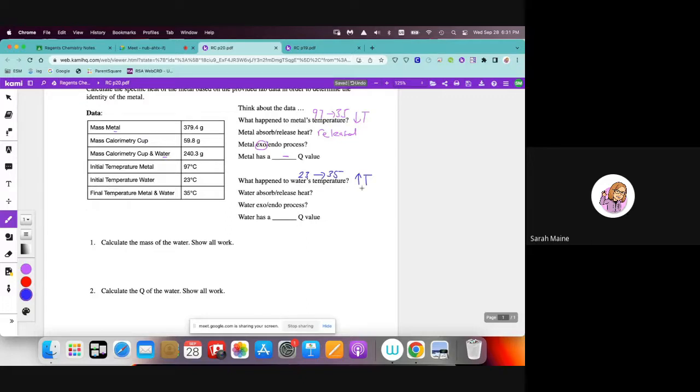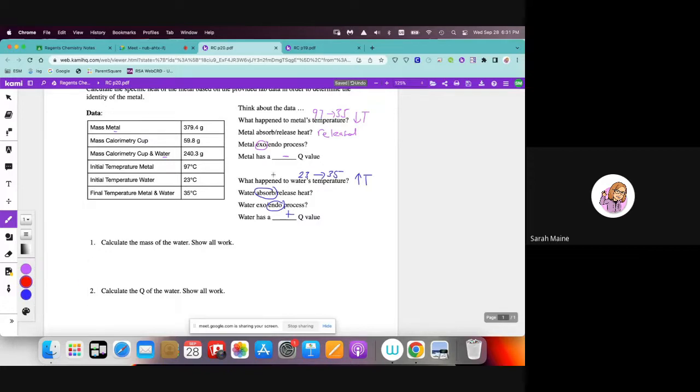Why did the temperature increase? What did the water do with heat? It either absorbed it or released it. The water's temperature will only increase if it absorbs enough heat. So the water absorbs. So if we describe water as absorbing heat, then that means that the water went through an endothermic process. So if our temperature overall increases, then we are going to have a positive Q value.